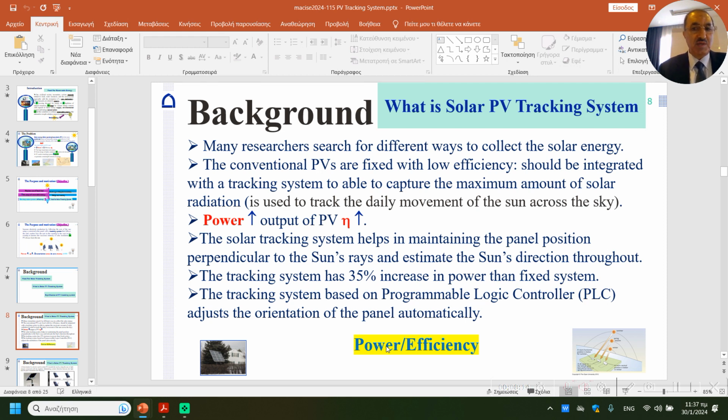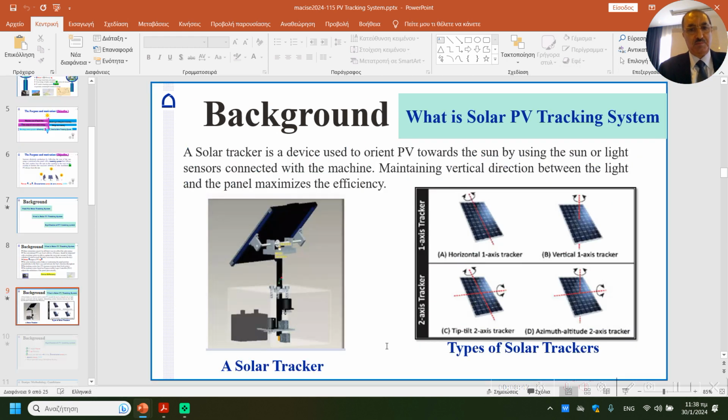The solar tracking system helps to maintain the solar panel position, and then we will get more energy from the sun. By our calculation, we estimated that the tracking system gives about 35% more power than the normal solar panel, and the tracking system is based on a PLC, or programmable logic controller, to adjust the orientation of the panel automatically.